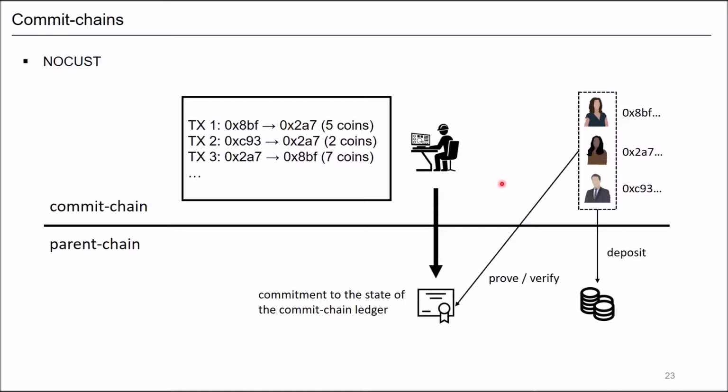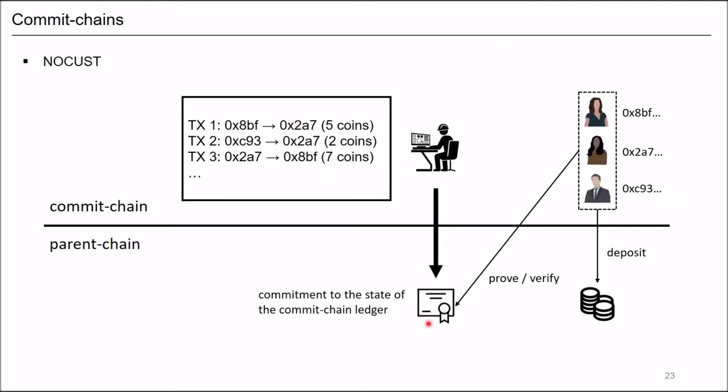The NOCUST on-chain contract expects to periodically receive a constant-size commitment to the state of the commit chain ledger from the operator, containing each user's account in the collateral pool.